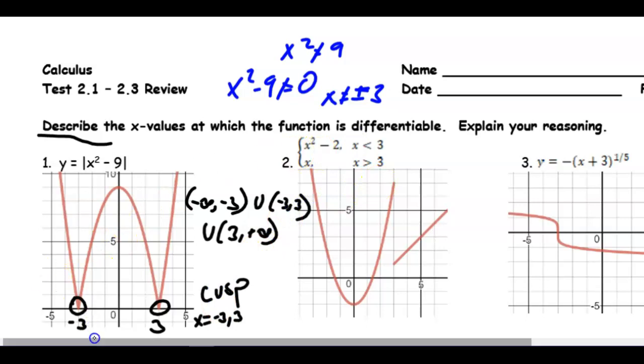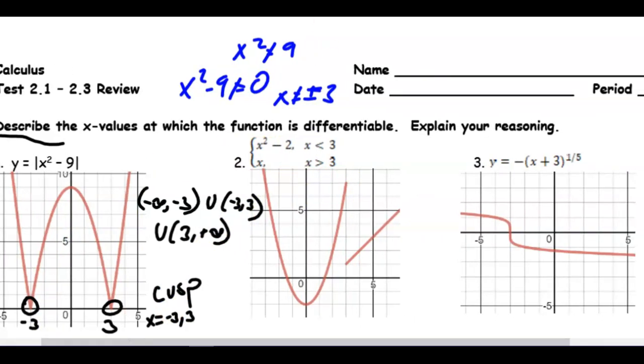All right, number 2. Notice we have a gap. There's a gap at 3 specifically. Gap at x equals 3.